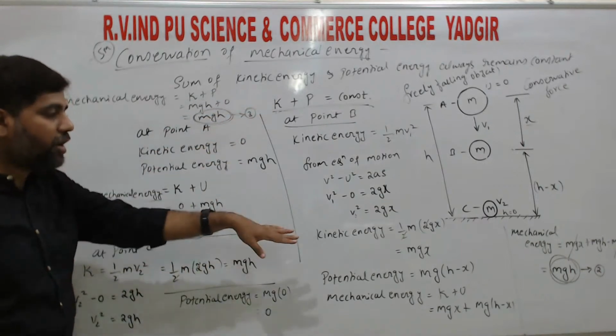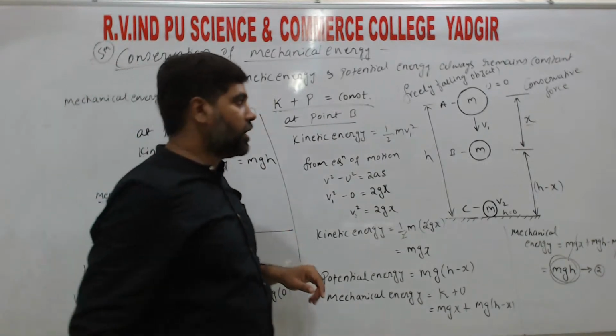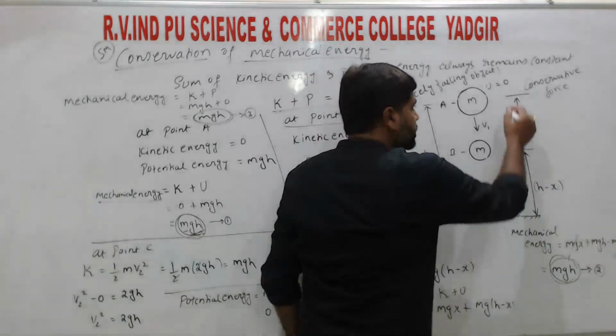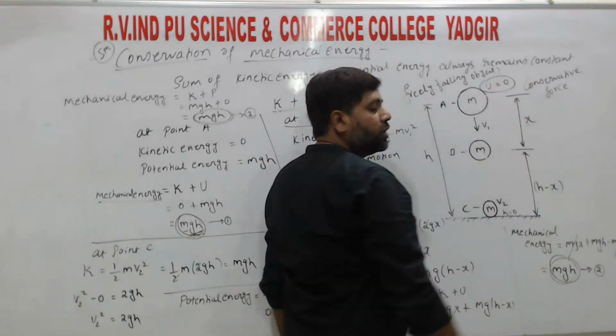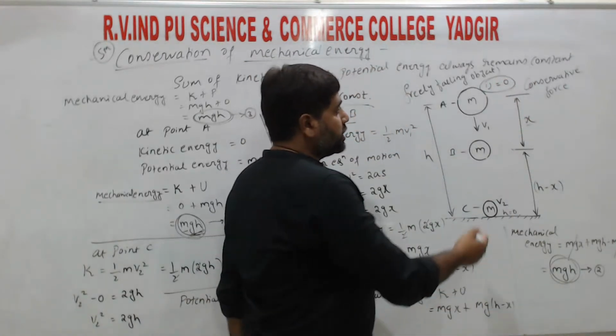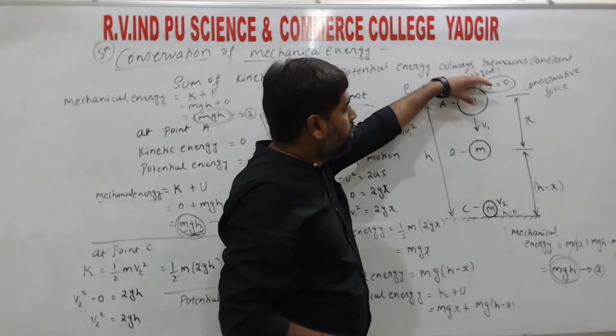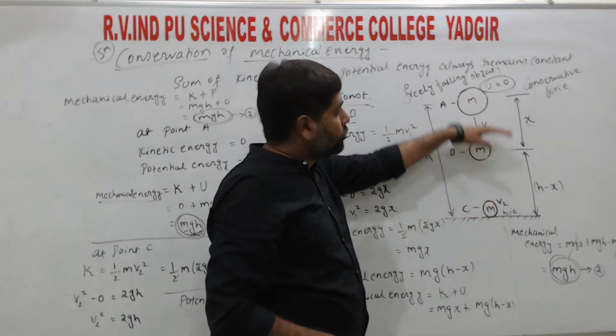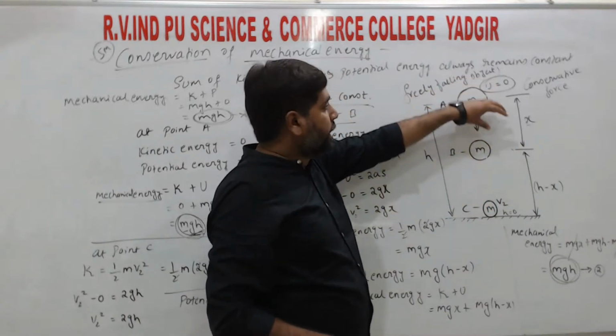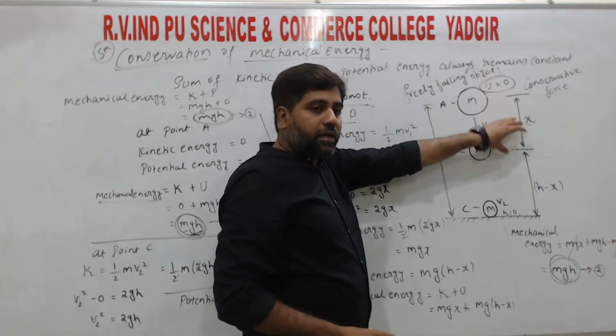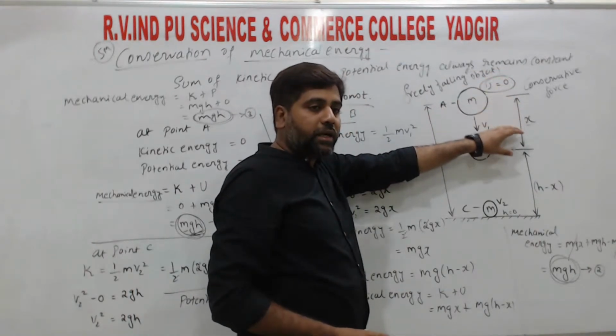So namge values different bantu andre change agta irtade, right? So idralli innondu observe ಮಾಡಬೇಕು ಅಂದ್ರೆ initially the kinetic energy 0 irutte, potential energy maximum value irutte, right? So as it moves vertically downwards, kinetic energy increase ಆಗ್ತಾ ಹೋಗುತ್ತೆ, potential energy decrease ಆಗ್ತಾ ಹೋಗುತ್ತೆ.